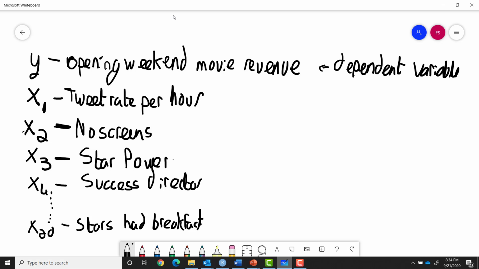And this actually gets us what we call a multiple regression model. A multiple regression model is where we have k predictors, so k independent variables, which are these here.